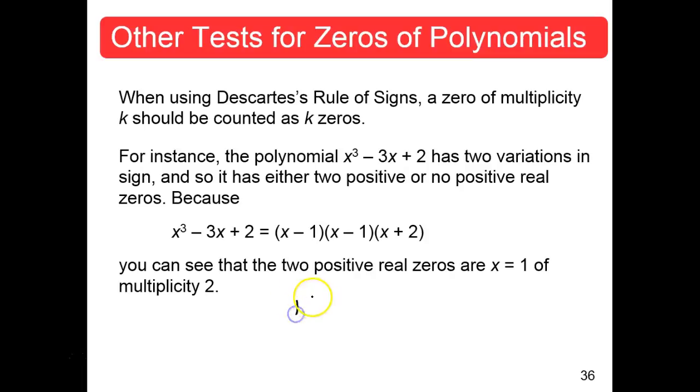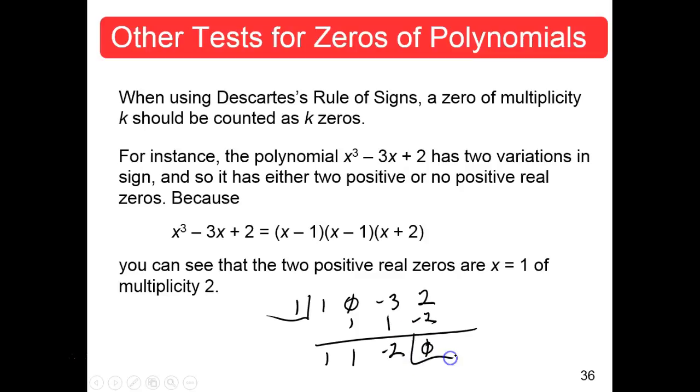You found out that 1 is a zero. What do you go into? 1, 0, negative 3, 2. Skip a line, draw a line. 1, 1, 1, negative 2, negative 2, 0.